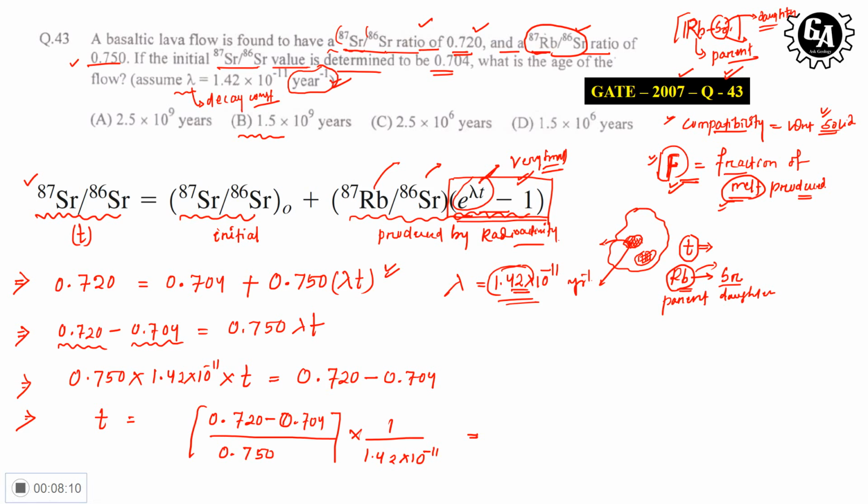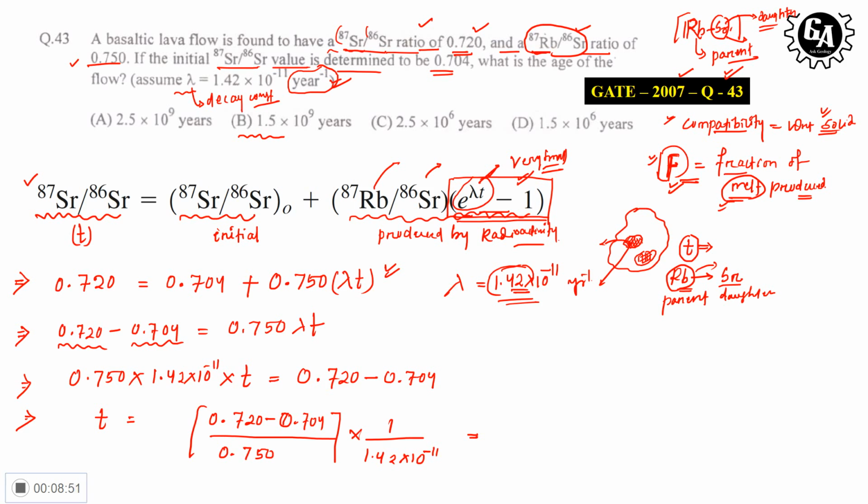Okay, let me calculate what will be the answer. This is 0.720 minus 0.704 divided by 0.750, directly divided by 1.42 into 10 raised to minus 11.